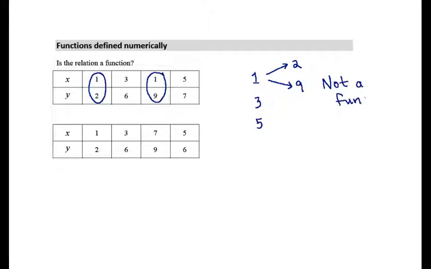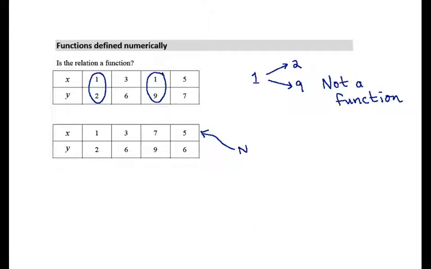It doesn't matter what's going on with 3 and 5. As soon as I find any violation, I rule it out. Looking at this second one, I can see 1, 3, 7, and 5 don't repeat at all, so each one is going to be mapped to an output.